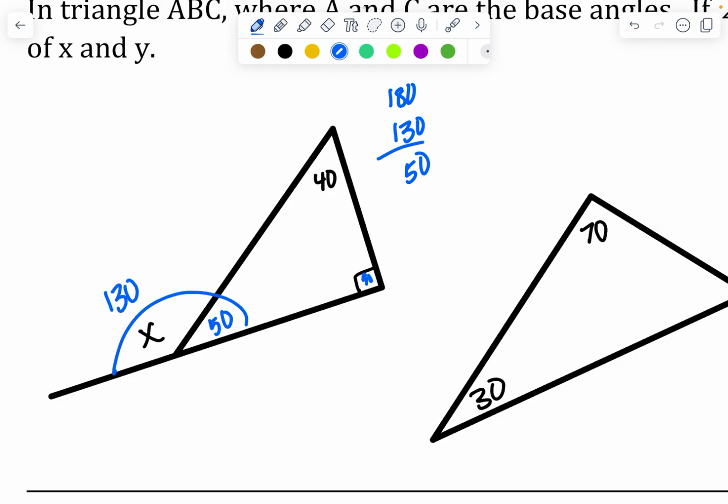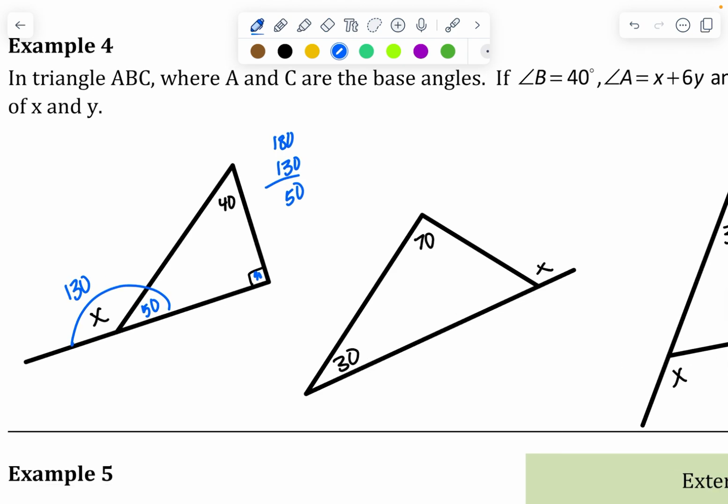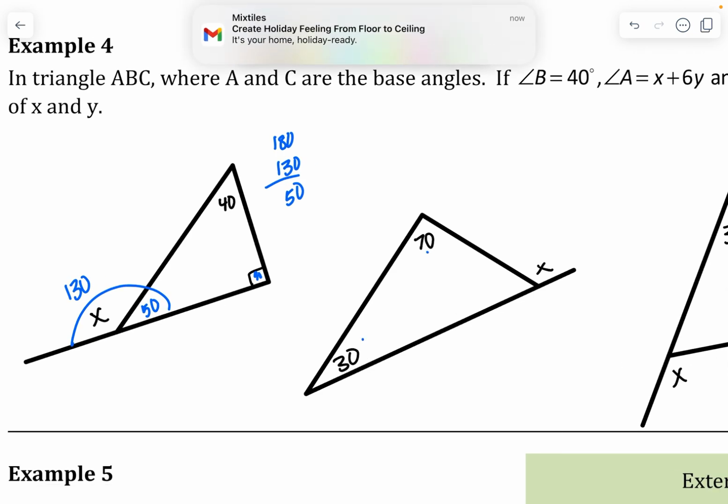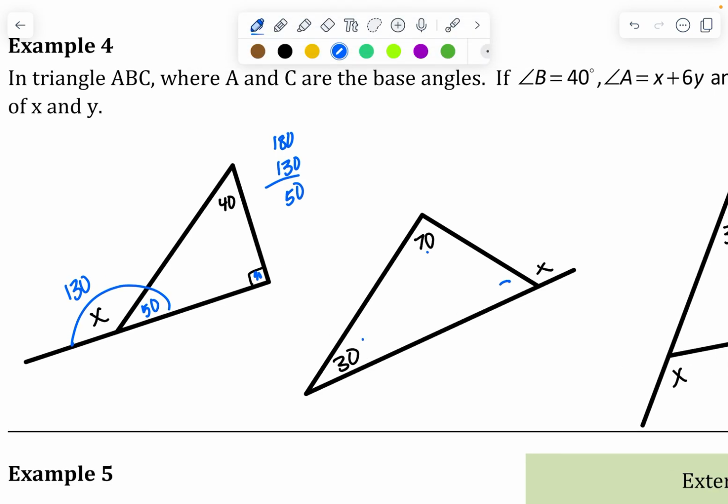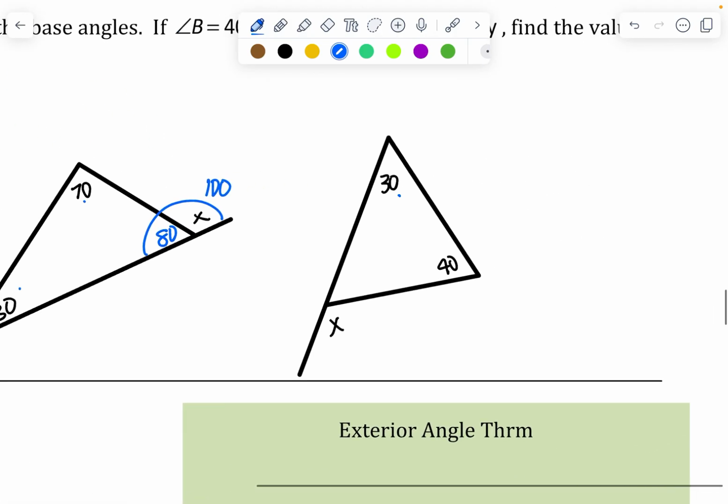Similar for the next triangle, you add up 70 and 30. You get 100, which leaves that angle to be 80. Then use its supplement to find that to be 100. Last one, 30 plus 40 is 70. You subtract from 180 to get 110. I know that doesn't look like 110. Then you use its supplement to find that exterior angle to be 70.